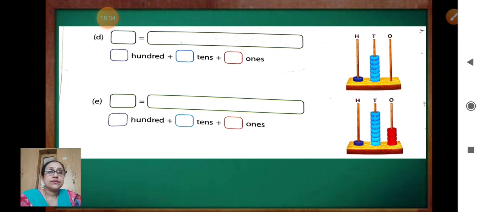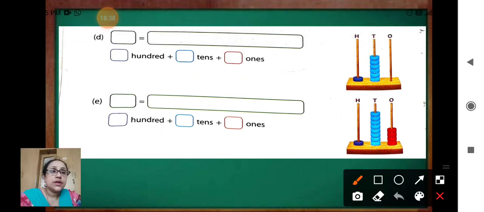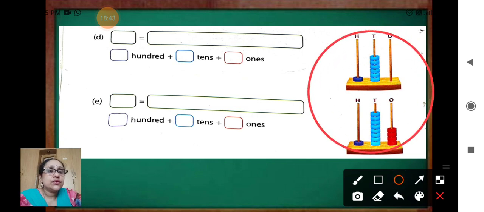Okay. Now question D. Yes, try to do yourself. So again you have to count the beads. So in the ones place, nothing is there. So you will write here 0. Then 1, 2, 3, 4, 5, 6. 6.